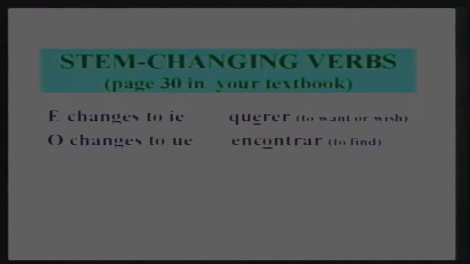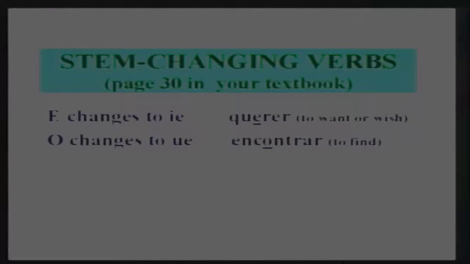Let's make a list in our notebooks of the verbs listed as common stem-changing verbs. Remember, we're talking about present tense where the E changes to IE. An example would be querer, to want or to wish. It's the E that will change to IE. The O changes to UE, like encontrar, to find.